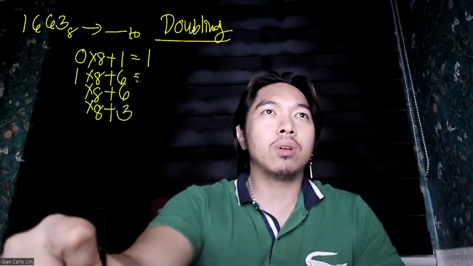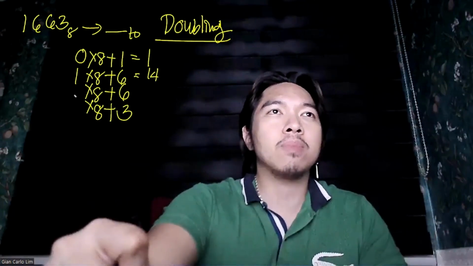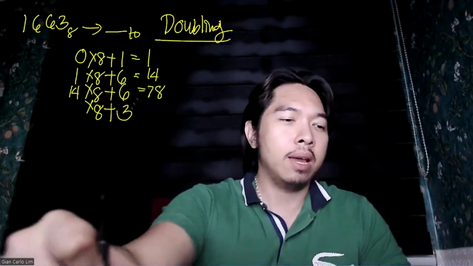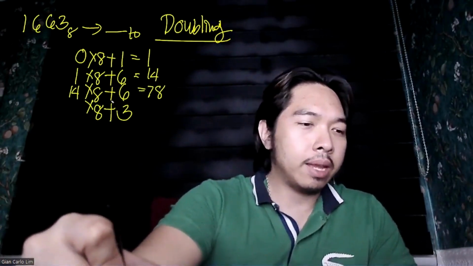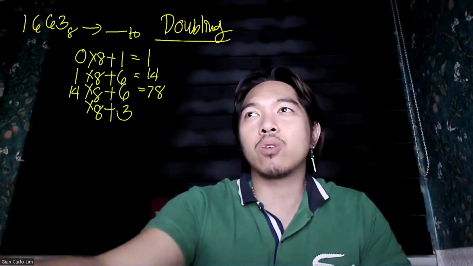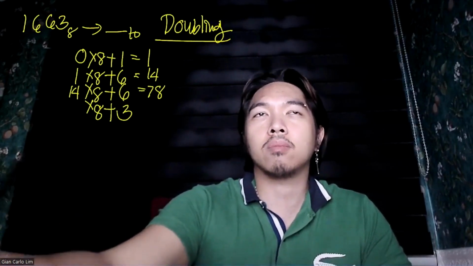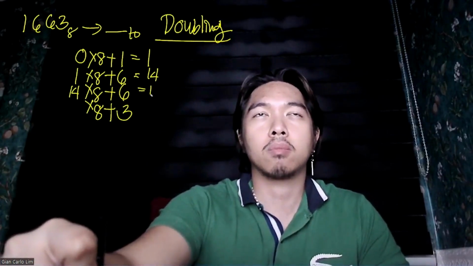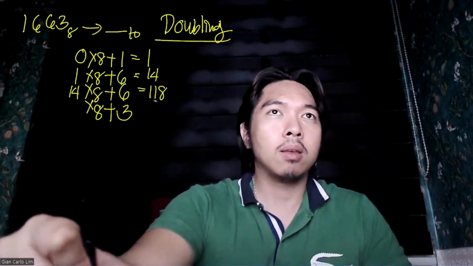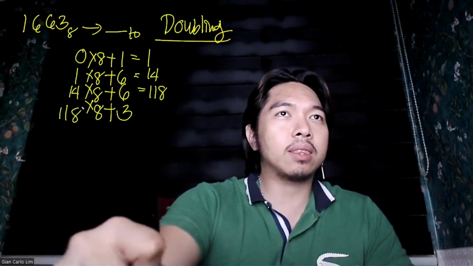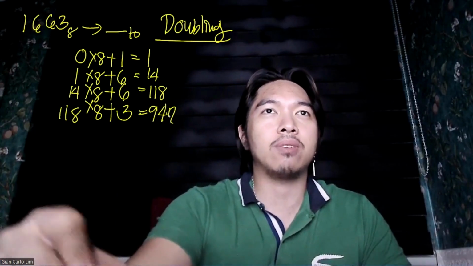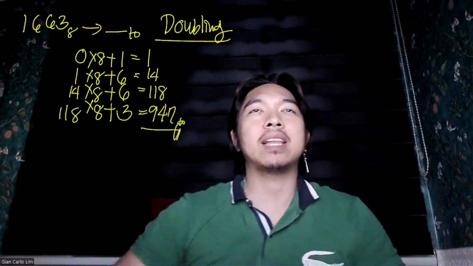That is equal to 8 plus 6, so 14. 14 times 8 plus 6 is equal to 78. And then, I'm sorry, not 78, but rather 118. So 118 times 8 plus 3 would then be equal to 947, which is now our final answer.